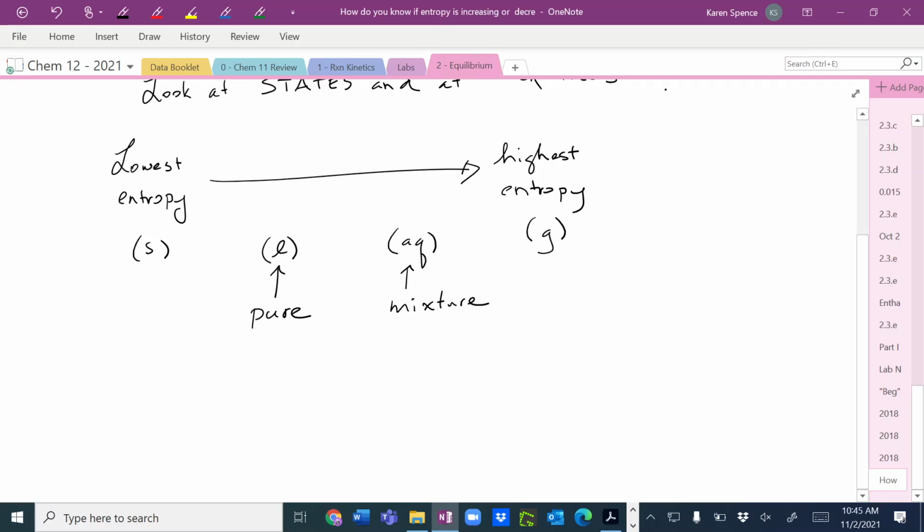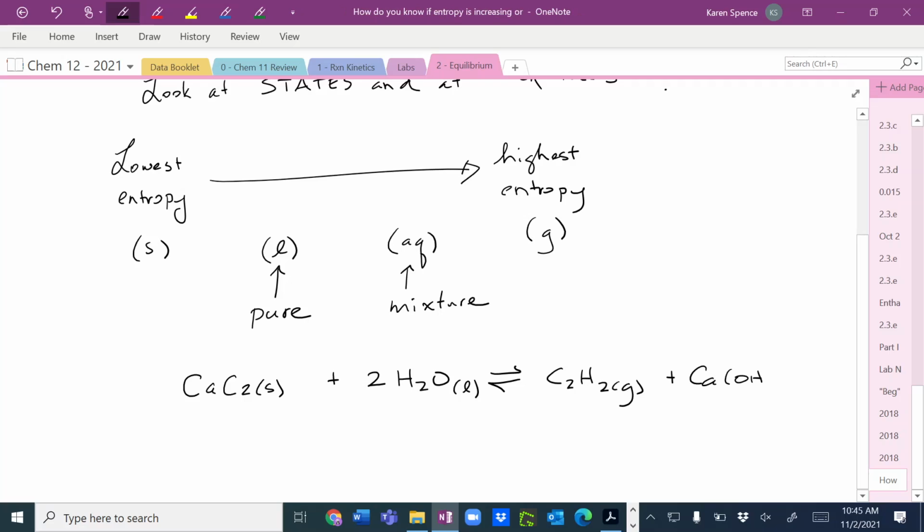So what if we have CaC2 solid plus 2 H2O liquid in equilibrium with C2H2 gas plus Ca(OH)2 aqueous?